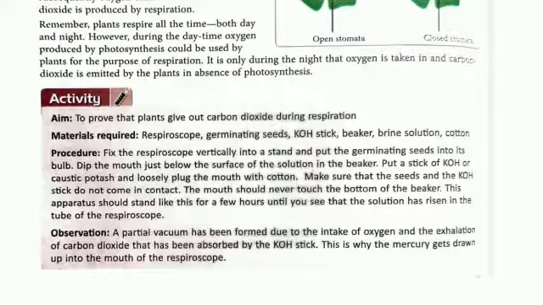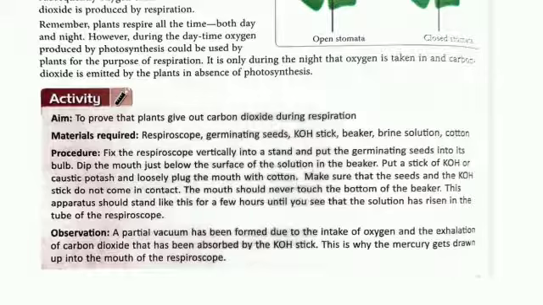Procedure: fix the respiroscope vertically into a stand and put the germinated seeds into it, or you can take a conical flask also and put some germinated seeds inside.